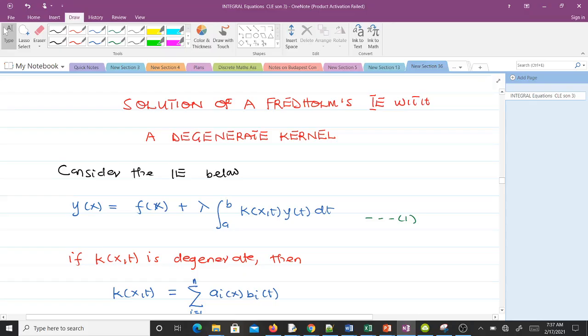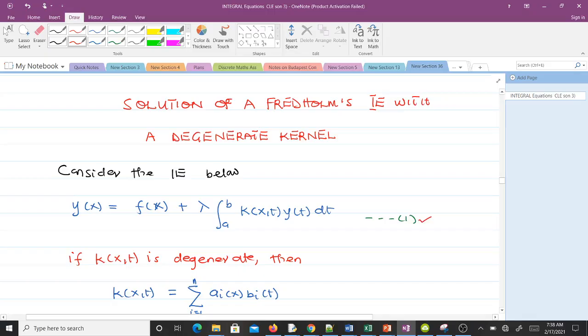So let's go through the solution of a Fredholm's integral equation with a degenerate kernel. When we have a Fredholm's integral equation and the kernel is degenerate, what are the processes we go through to find the solution? Let's consider the integral equation below, the standard form of an integral equation, equation 1.